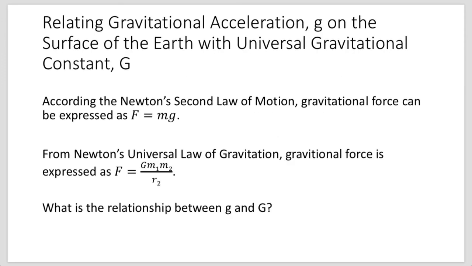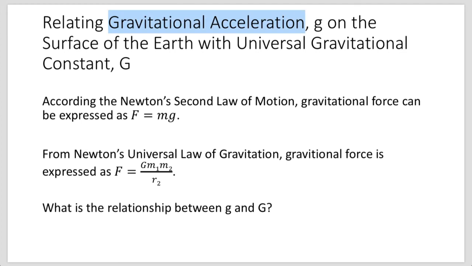All right, so let me just touch on one more thing, and then we'll be finished for today. I think we're almost out of time, and I don't want to give too much anyway. All right, so the last thing that we're gonna talk about: relating gravitational acceleration g on the surface of the Earth with the universal gravitational constant G. So we have learned already what gravitational acceleration is.